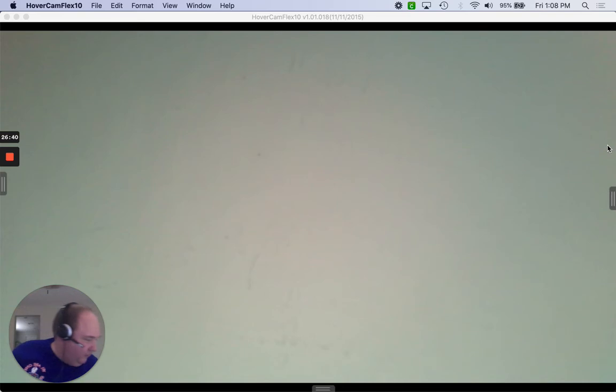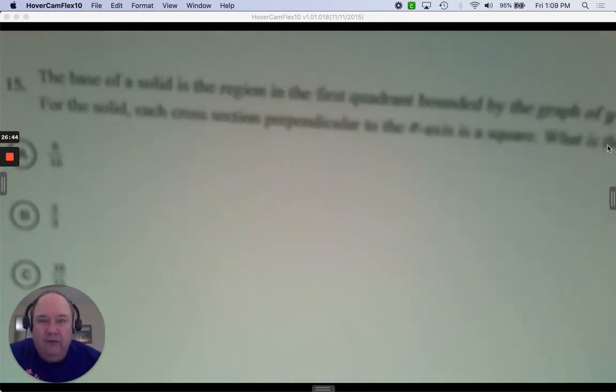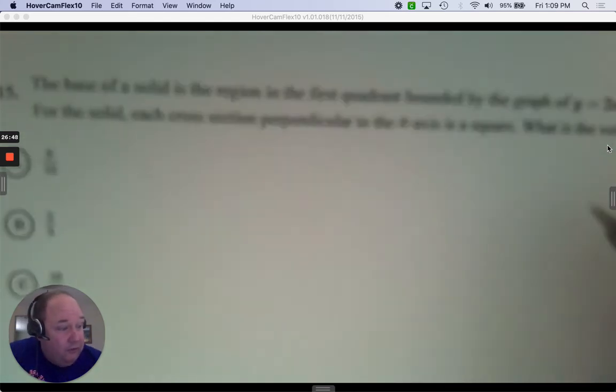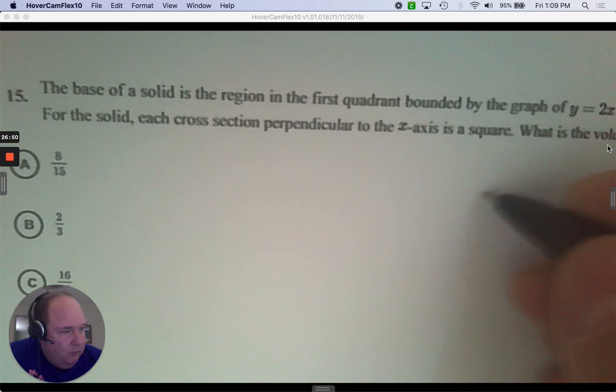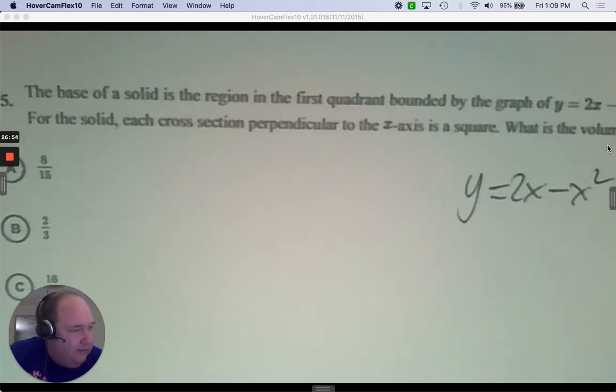All right, last question, number 15. The base of a solid is the region in the first quadrant bounded by y equals 2x subtract x squared and the x-axis. For the solid, each cross-section perpendicular to the x-axis is a square.